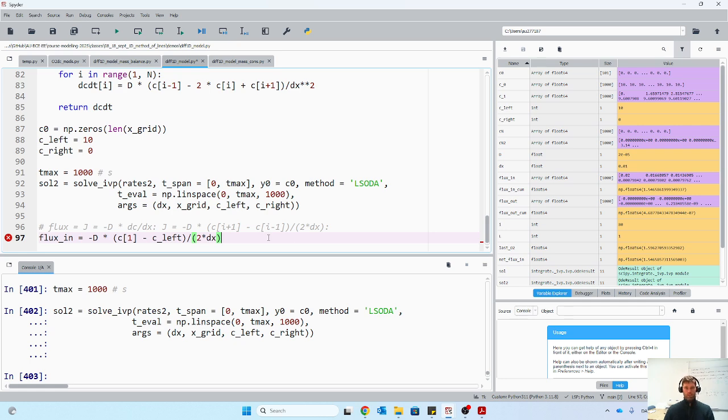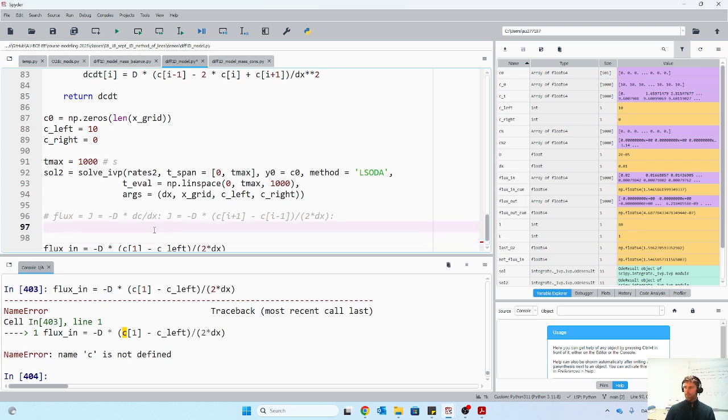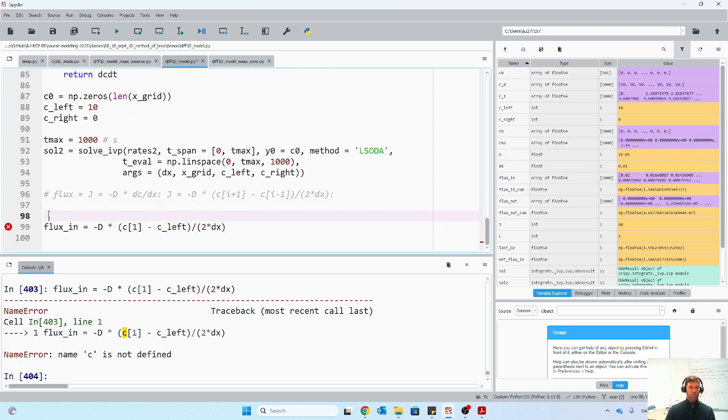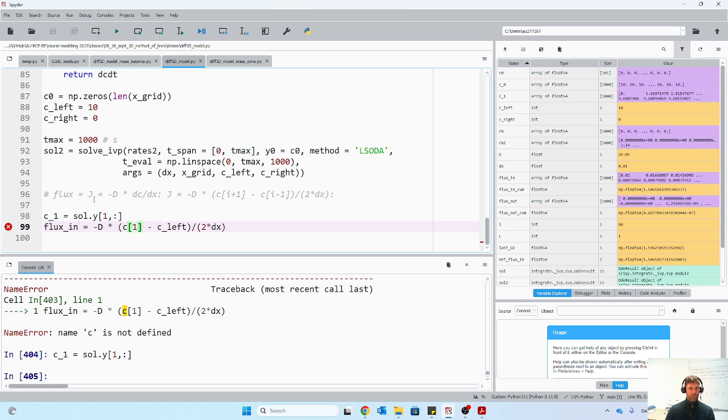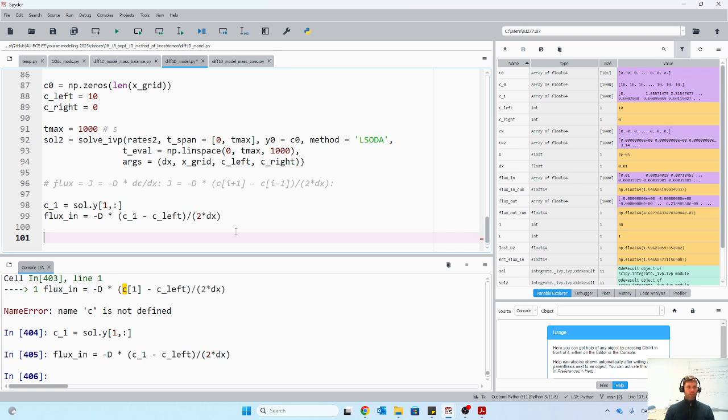Okay, so of course we have to just extract the concentrations first. It doesn't know what C is here, so C1 we will make here. Sol Y, that is rho 1 and all times, then we just put C1 here. Now it should work. Good, and for the flux out we have to calculate the second last point.